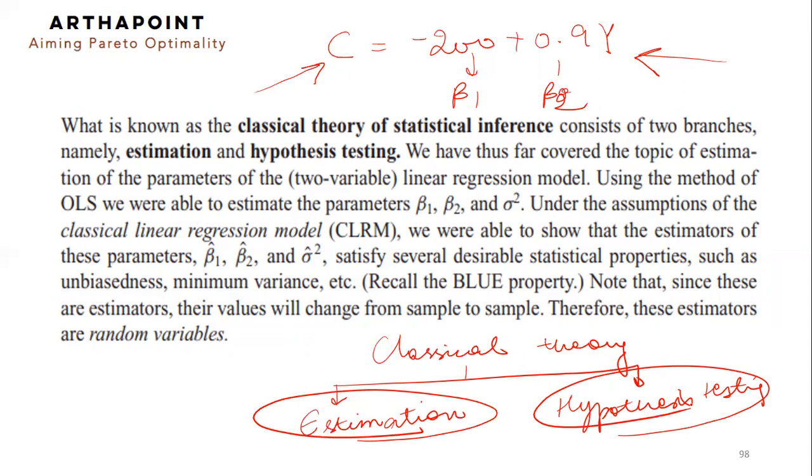We showed that these estimators have BLUE properties. What was BLUE? It was best linear unbiased estimators with efficiency, and by efficiency I meant that it had the minimum variance.